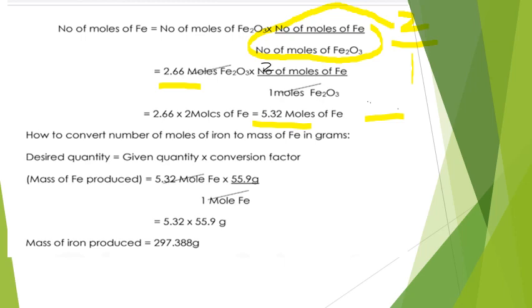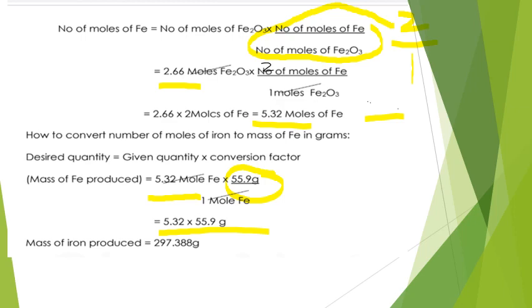The moles produced are 5.32, while the mass of iron is approximately 56, or 55.9. So it comes out as 5.32 into 55.9 grams, that is 297.388 grams.